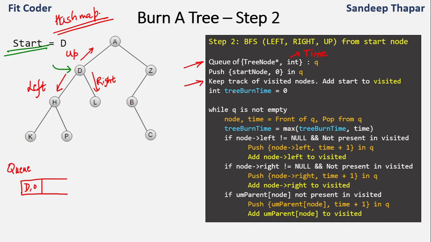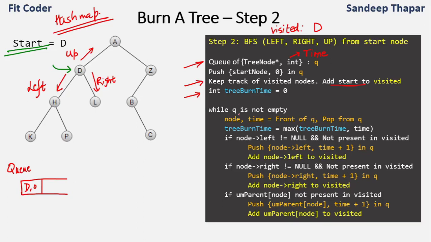We keep track of visited nodes, so we keep a visited set in which we'll add all the visited nodes. We'll push D here. And we keep a result variable, which is tree burn time. This is the final result which will be calculated in this function.